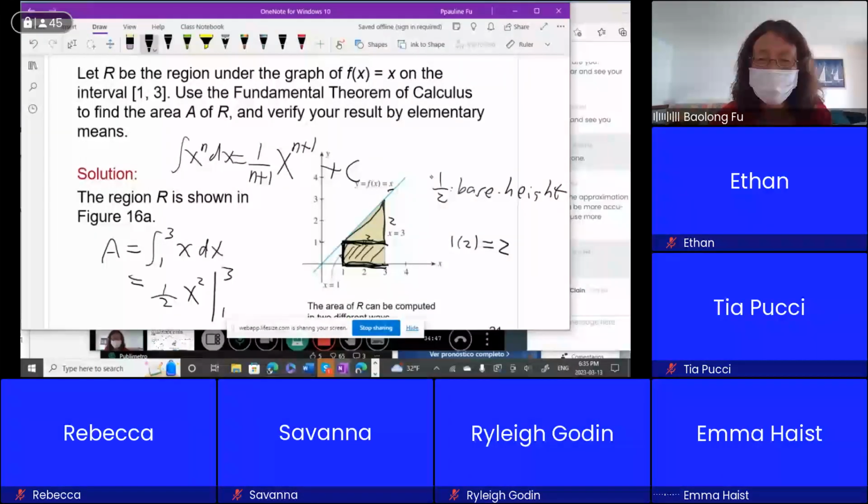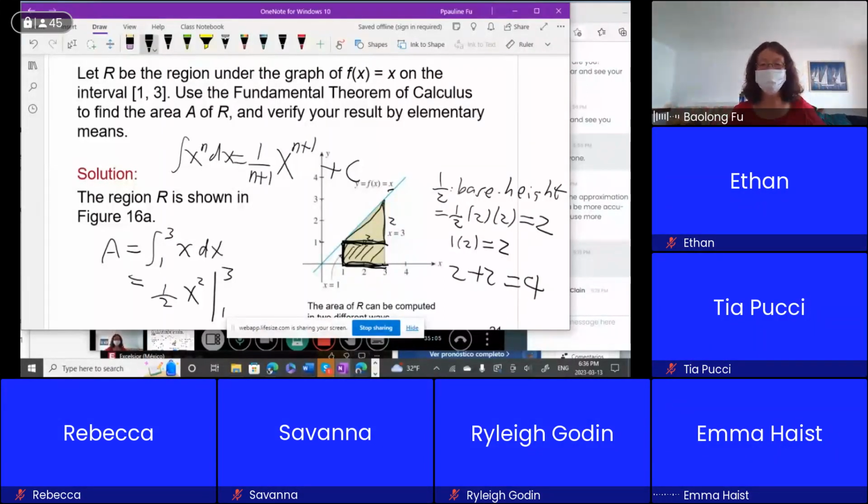Base is 2, height is 2, the result is 2. So the rectangle area is 2, the triangle area is 2, the total area is 4. Then I proved it.